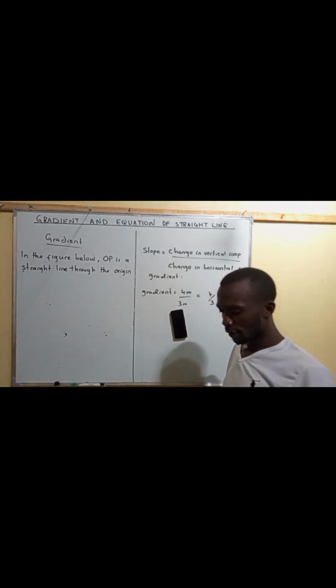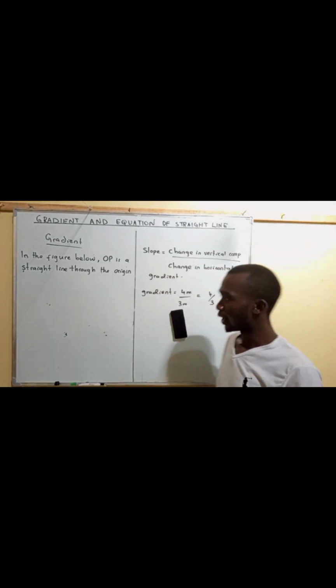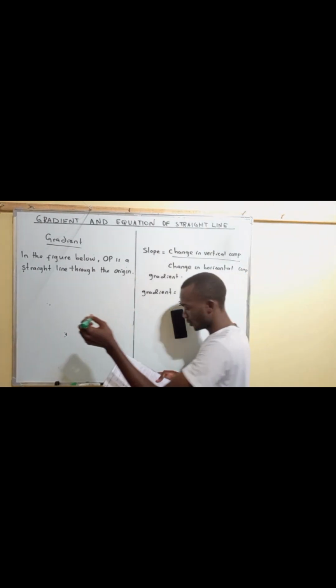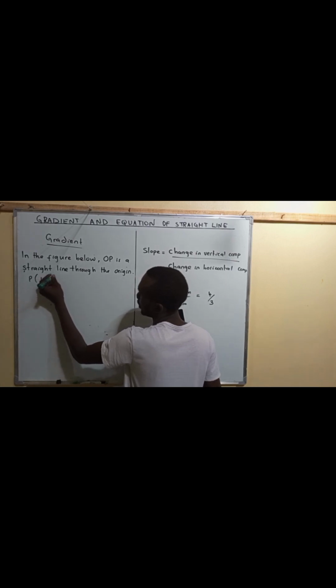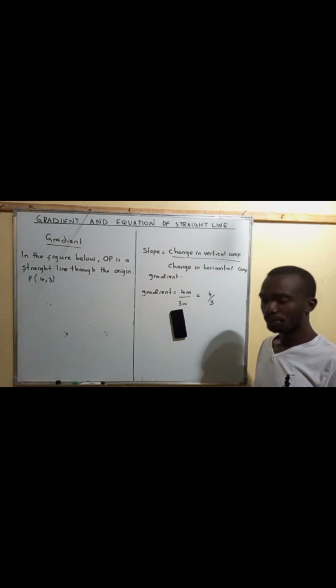The coordinates of P are 4, 3. That is the coordinate of P. It's a point on the line.